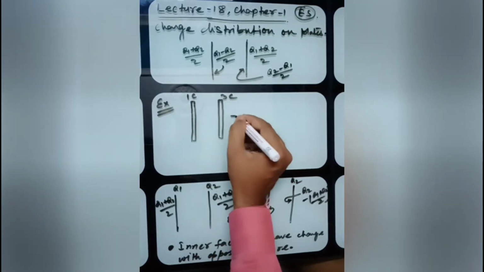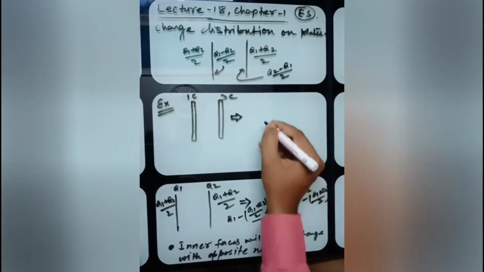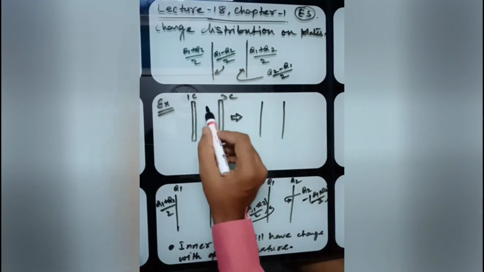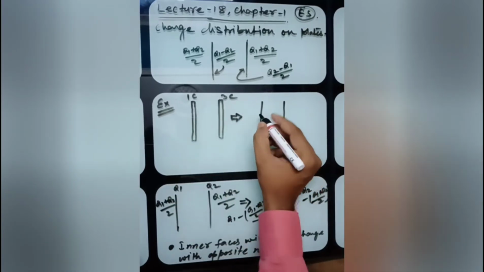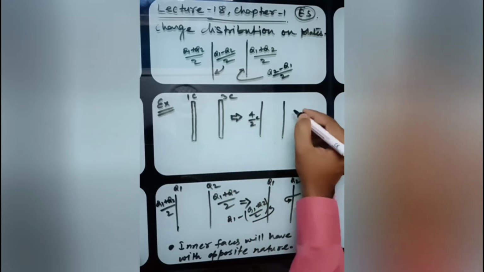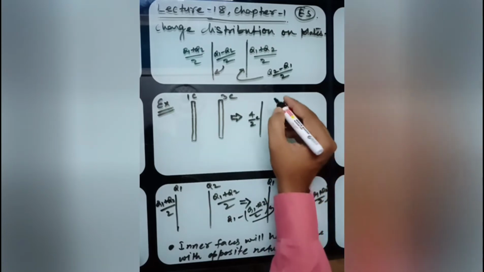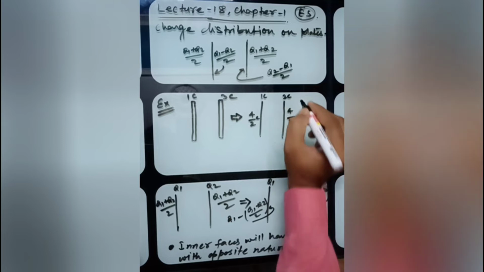Now look here for the solution and see how much you have solved correctly. The second step, we have to sum up the charge. So the total charge will be 4. So outer faces will have the same amount of charge, 4 by 2 coulomb, and here also 4 by 2 coulomb. Okay my dear students, initially it was 1 coulomb and 3 coulomb.